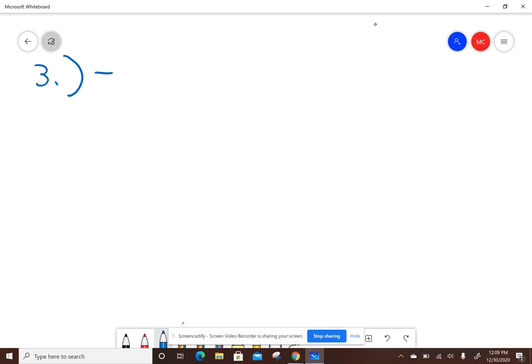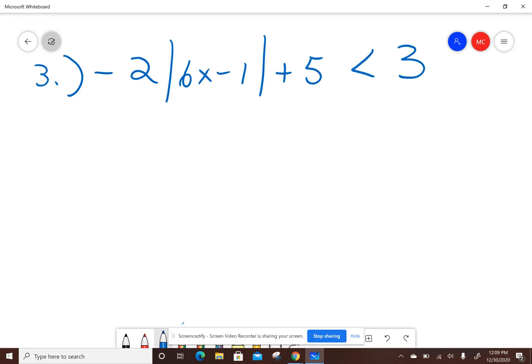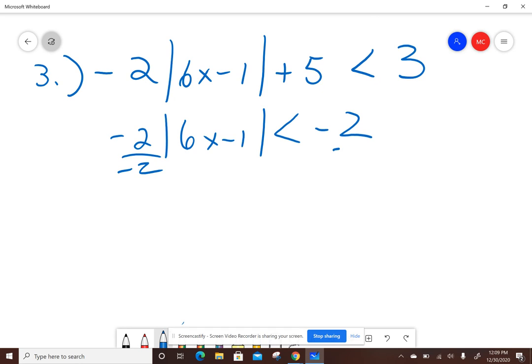Number 3, negative 2 times the absolute value of 6x minus 1, plus 5 less than 3. Subtract 5 from both sides, negative 2 times the absolute value of 6x minus 1 is less than negative 2. Divide both sides by negative 2. And remember, as soon as you divide by a negative, flip the sign. And this is greater than 1.